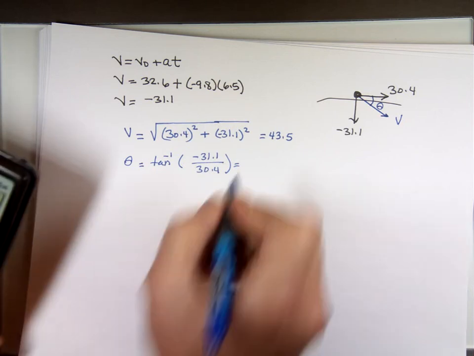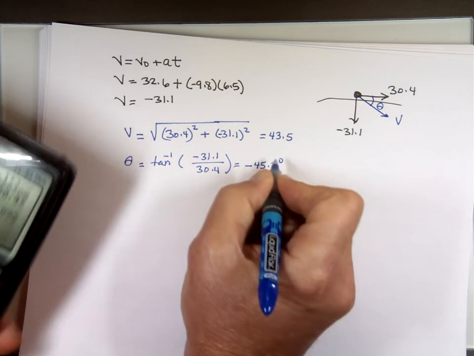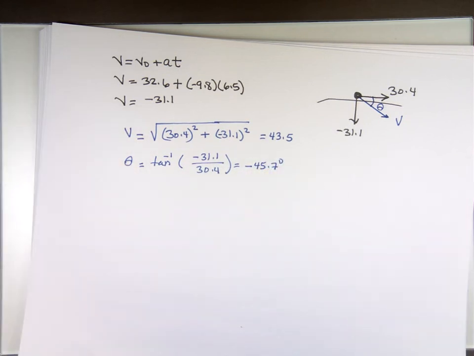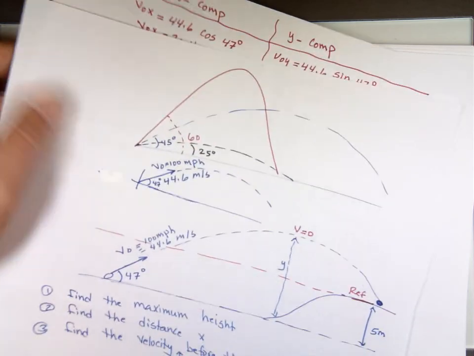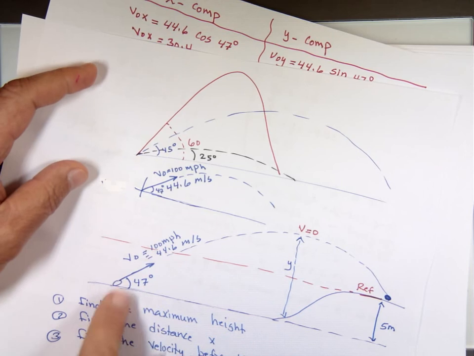Now, if the ball landed at the same height, these numbers would be the same. This would be 44.6, that angle would be 47, if it was the same height. But the fact I played with the height, the number's a little bit off.